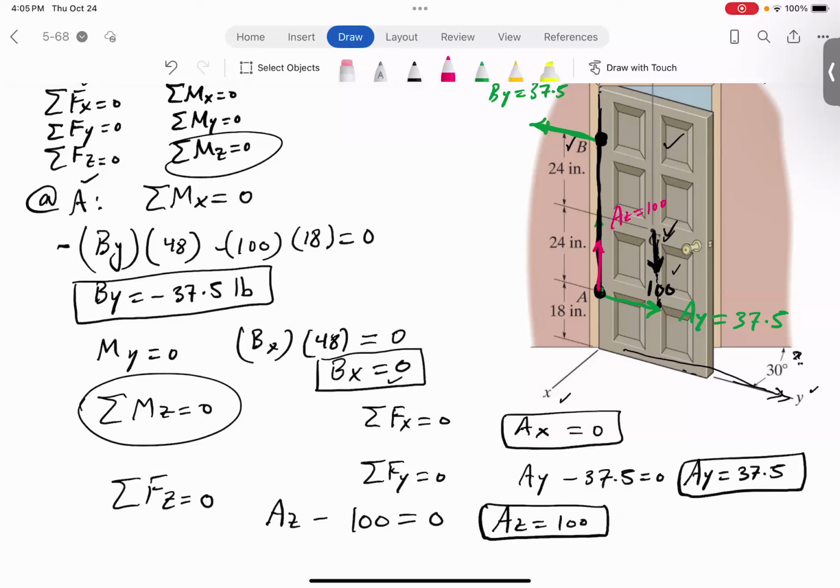Now look, the interesting thing is the two green forces, AY and BY, they form a couple of 37 and a half times the distance between them, which is 48.